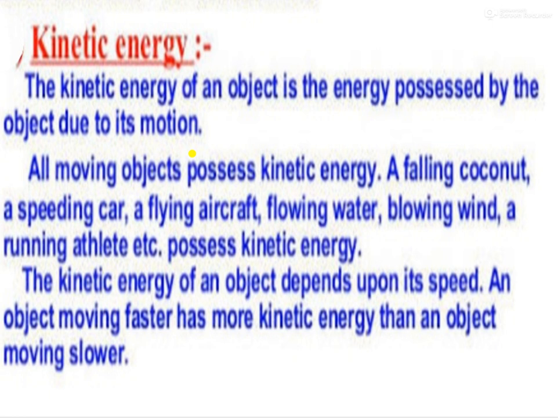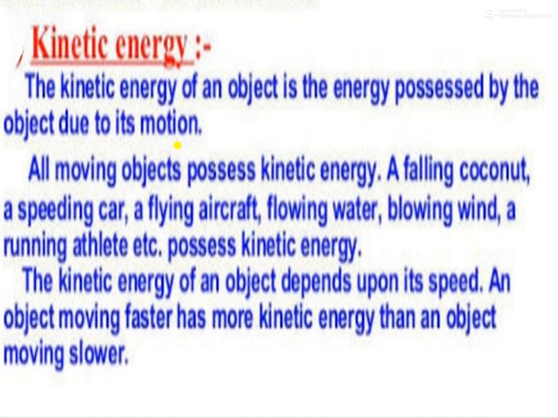Kinetic energy means energy due to motion. The energy is stored in the object when work is done to change its velocity from a lower value to a higher value. Okay? So energy is stored in the object.